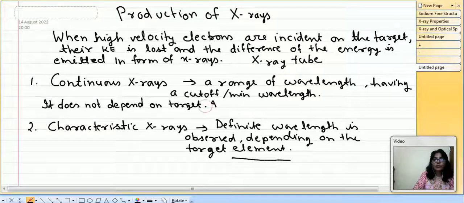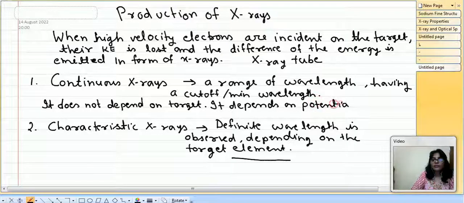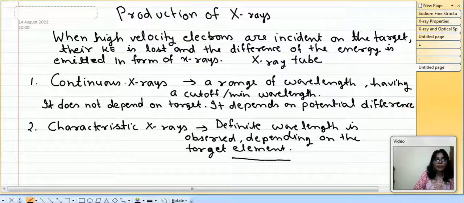But it depends on the potential difference applied in X-ray tube.